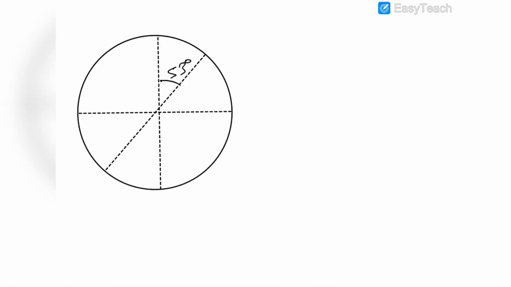So this is 53. Now we have to find the velocity at this point.